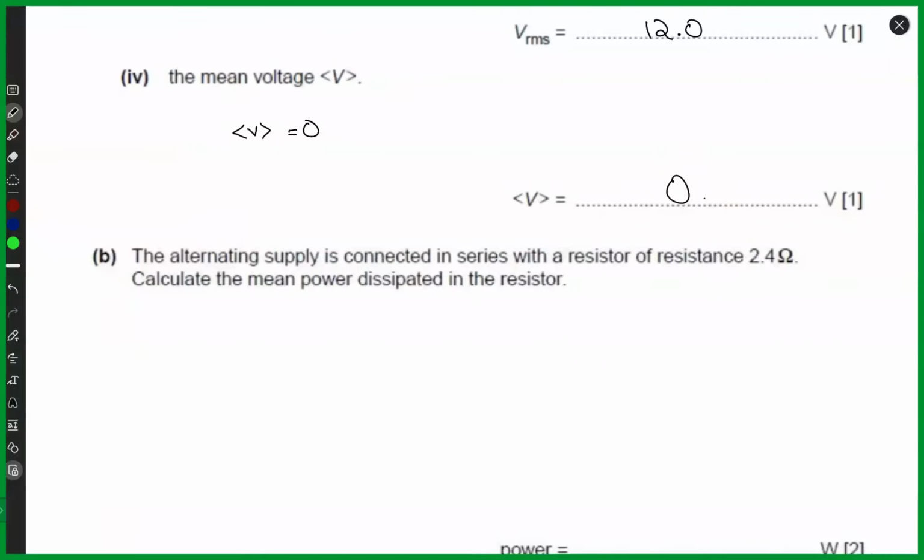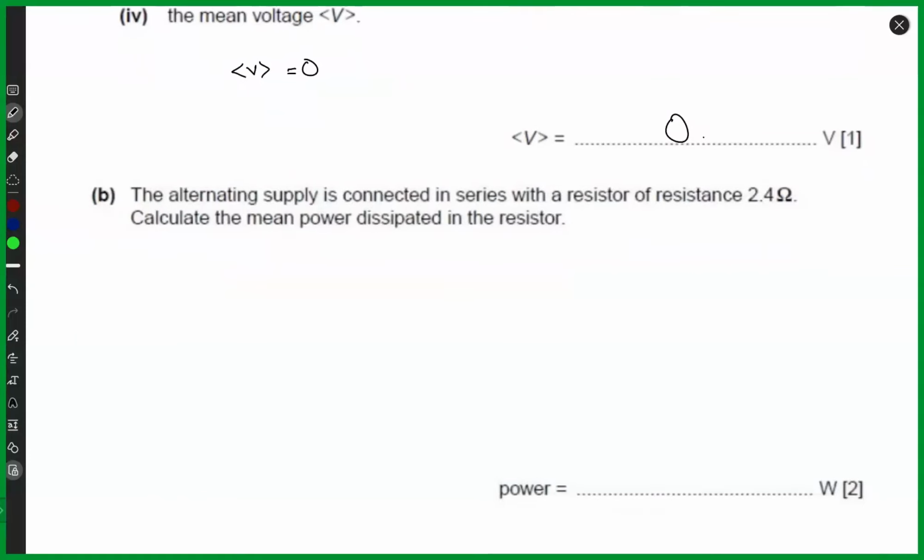Yes, sir. Okay. So now the alternating supply is connected in series with a resistor of resistance 2.4 ohms. Calculate the mean power dissipated in the resistor, the mean power. So this is the value that I am looking for.